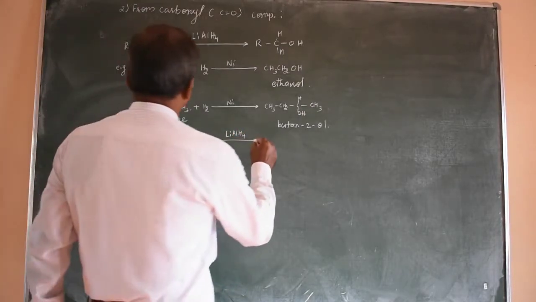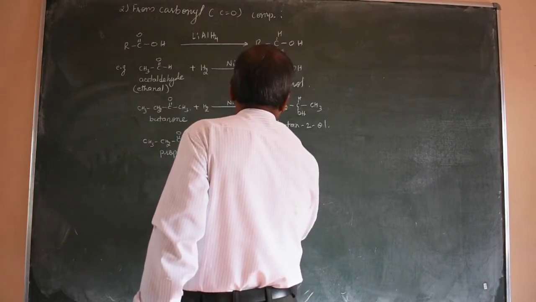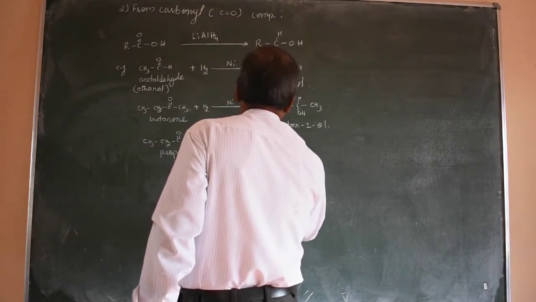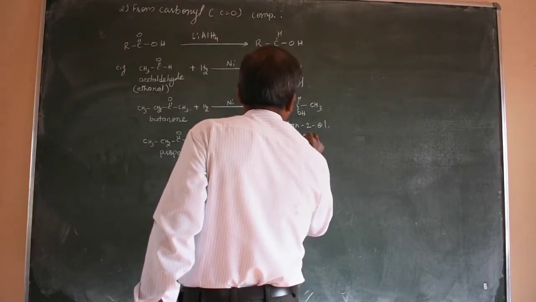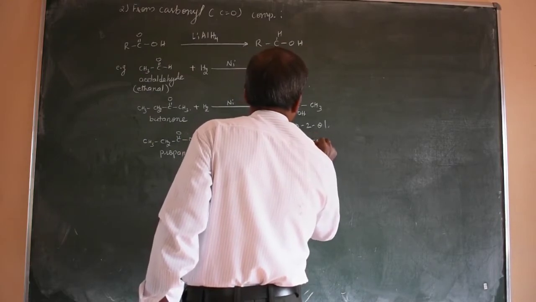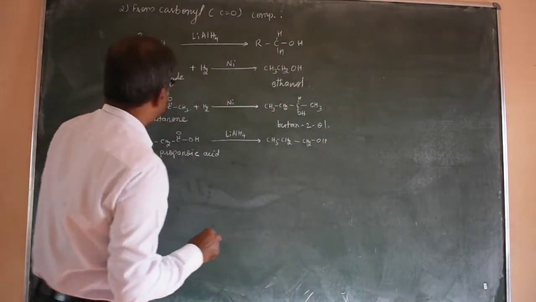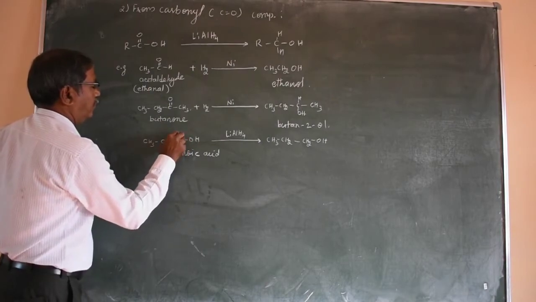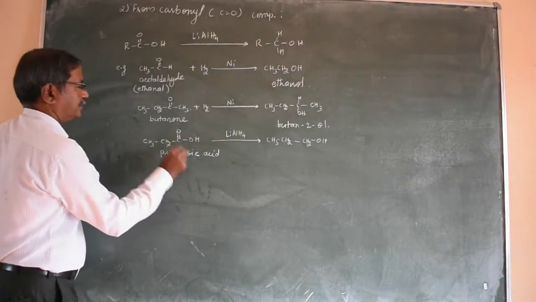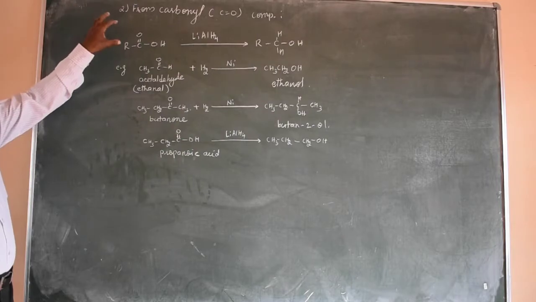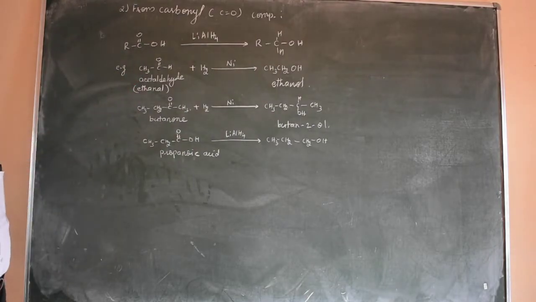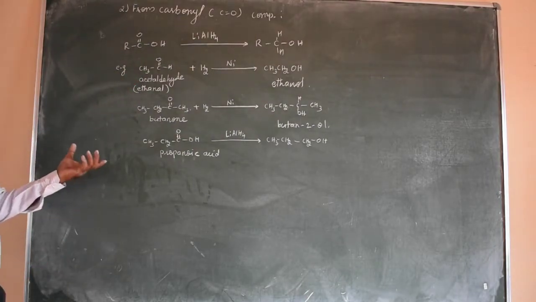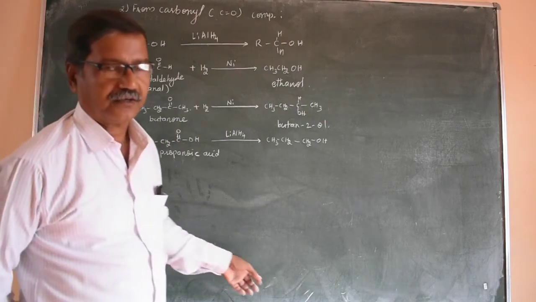The product is CH3CH2CH2OH. Here C=O is converted into CH2. Well, this is the second method we are using to prepare 1 degree or 2 degree alcohols.